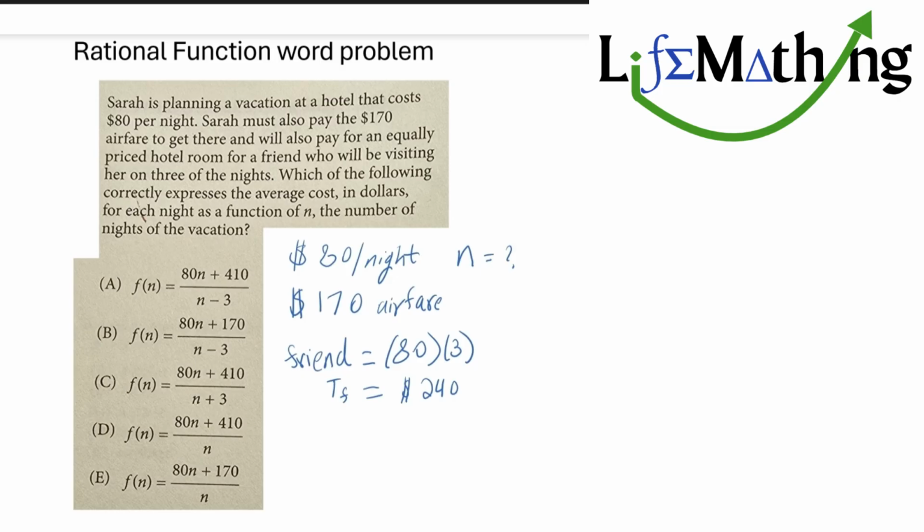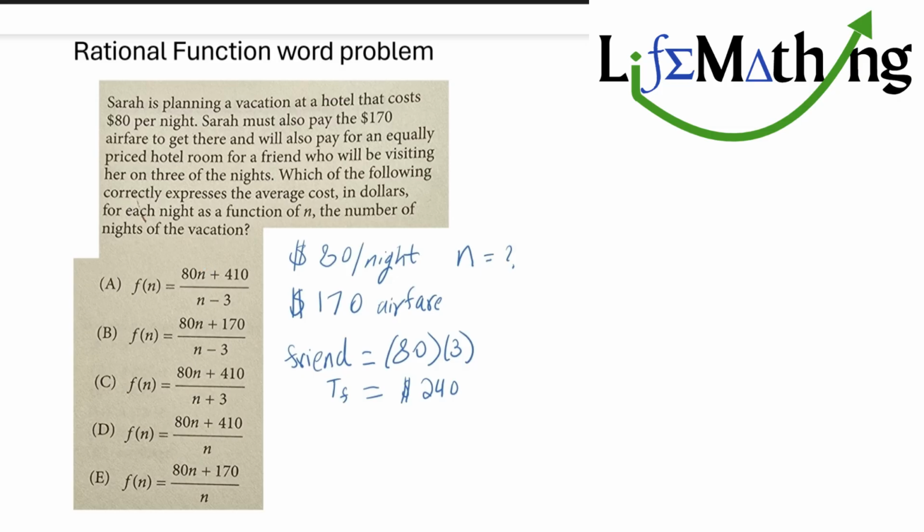Now, we don't know how many nights she's going to stay, but they just want you to write an equation that expresses the average per night that she's going to spend on that vacation. Which equation best fits what we have and what they're asking for? Now, we know that if we multiply 80 by how many nights she's staying, we're only calculating Sarah's stay per night. That's not including the flat fee of the 170.